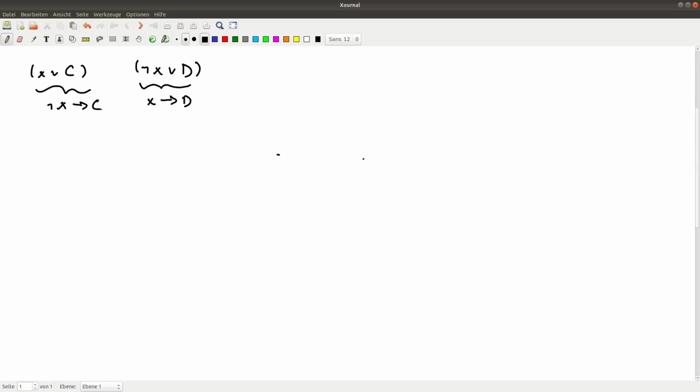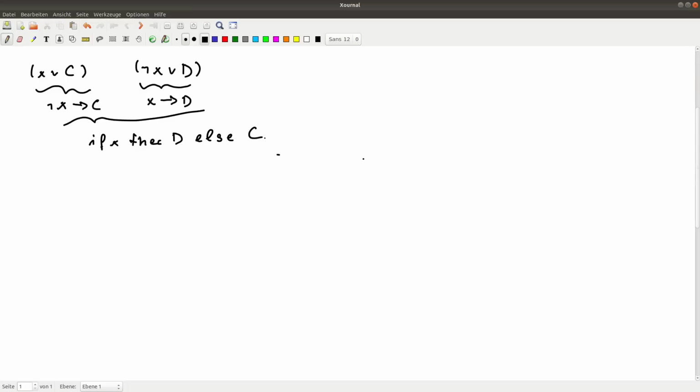Okay, so here we have the situation that not x implies c, and here we have the situation that x implies d. If we have this, we can also write it as follows: if x, then d, else c.